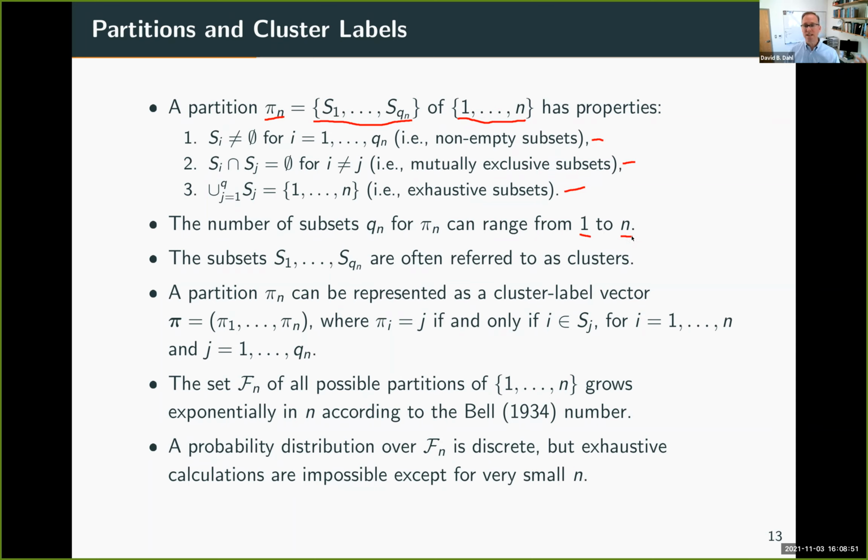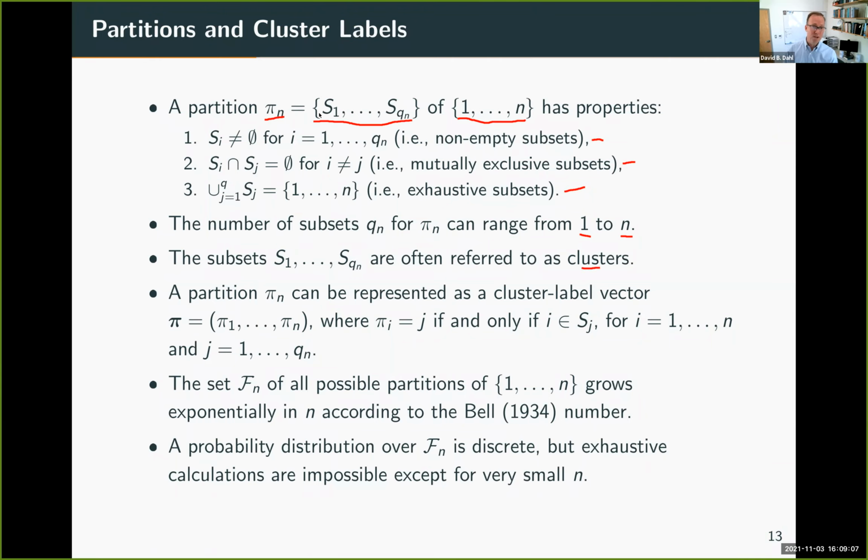If we put all the data together, that's going to be just one subset. Or if we do an analysis individually for each state, that's going to lead to n subsets. Now, we refer to subsets and clusters interchangeably.